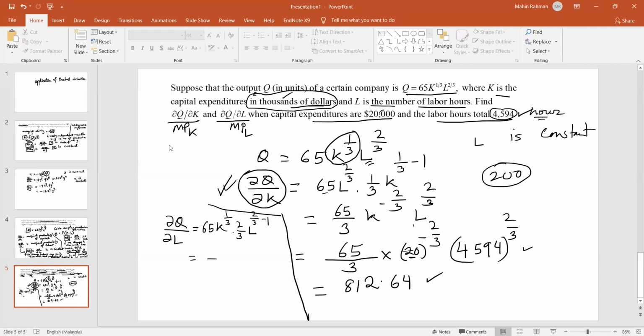So it will be 65 by 3, K to the power 1 by 3, L to the power minus 1 by 3. Now substitute all the values: K is 20 to the power 1 by 3, L is 4594 to the power minus 1 by 3. Now find the answer.